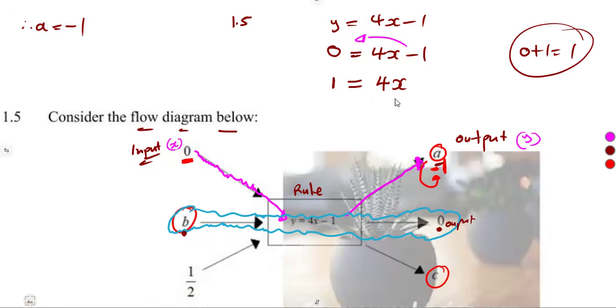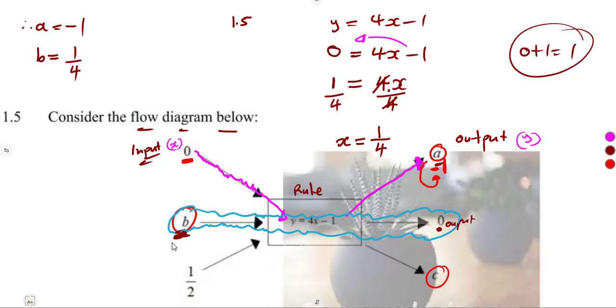Right? So finding x, we have to divide by 4, since we've got a product here, in order for us to remain with x. So therefore, our x is 1/4. X represents the input value, which is our B. So therefore, our B is equal to 1/4.